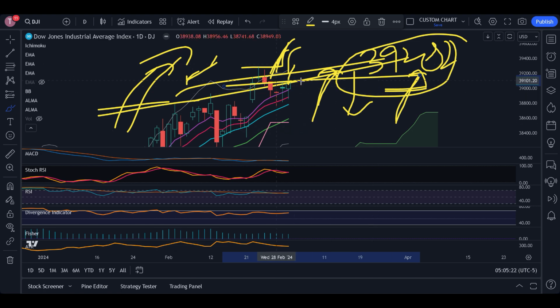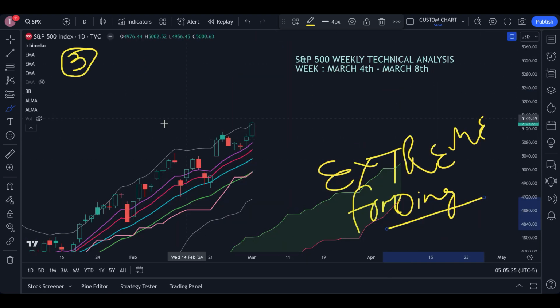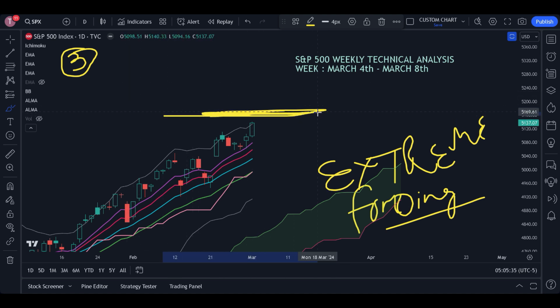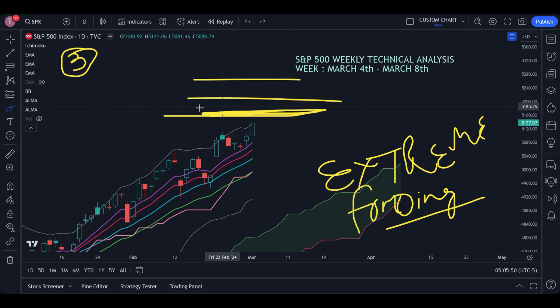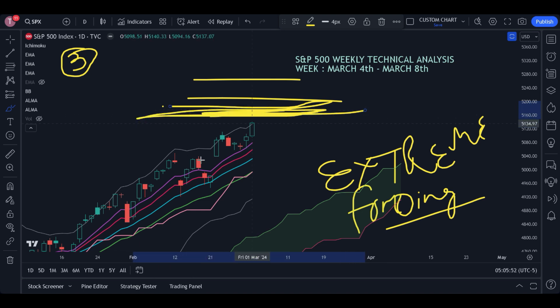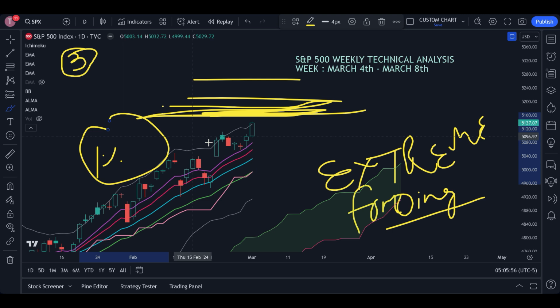This means that as long as that condition is not fulfilled, any more bullish movement in the S&P 500 will be very much limited. As of now, I have my own calculated levels which I give to my Patreon community members. So you can say somewhere around here, not much, within 1% from the current levels, as simple as that.